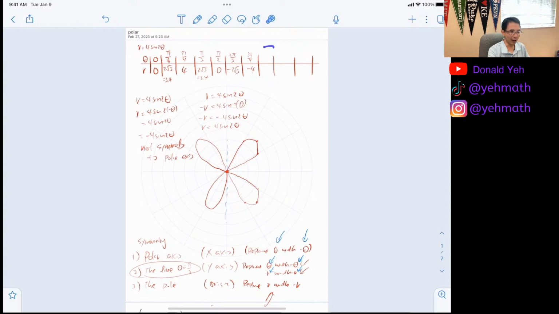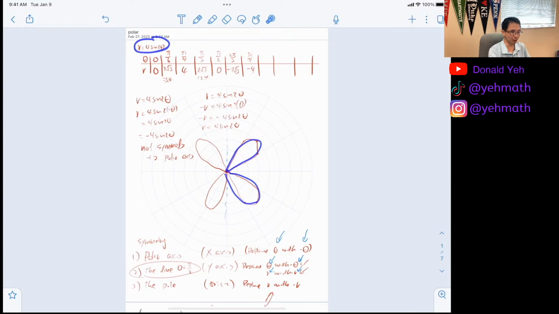So imagine that I have to plug all this stuff in, right? That's a lot of work. But I know that if I plug in halfway, I can say, okay, I want to see if there's symmetry to this. I can plug in negative r and negative theta. If I do that, I'm going to get negative r equal to negative 4 sine 2 theta.